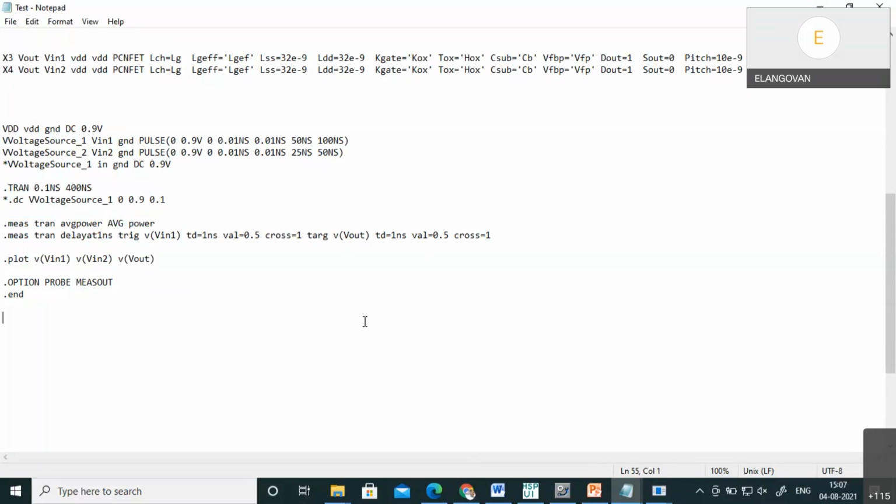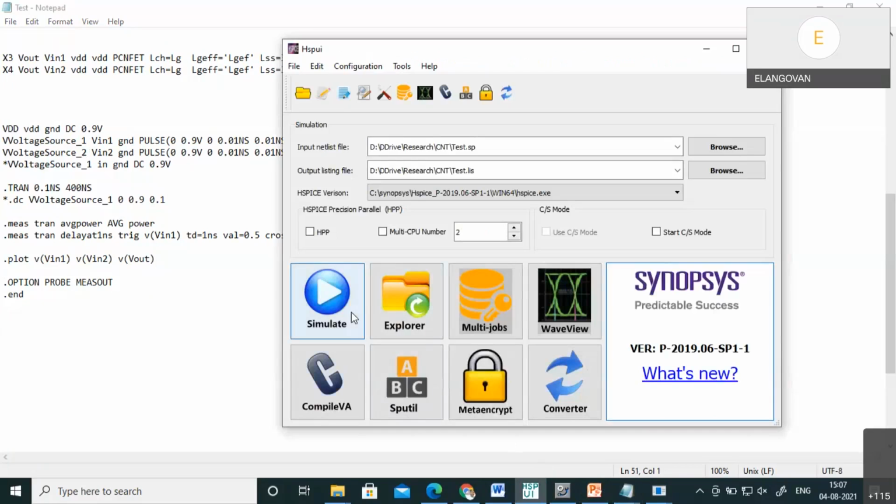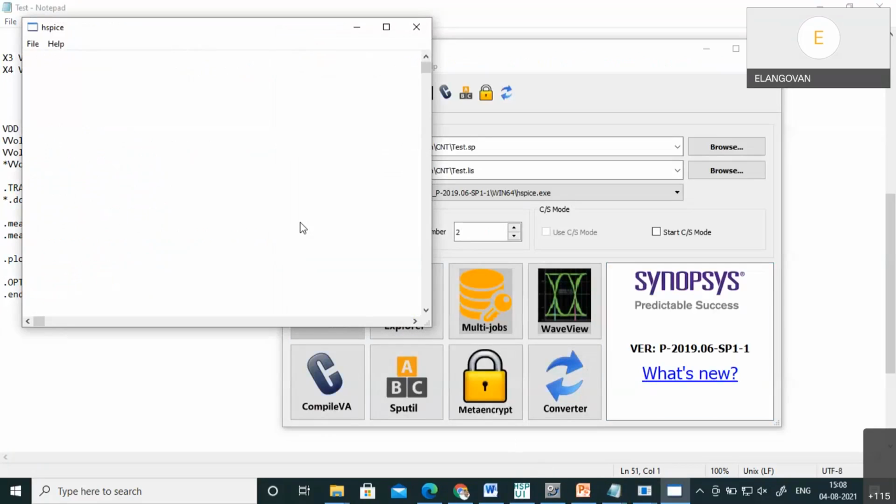So from input 1 to output, what is the delay that's coming? Let me simulate this.